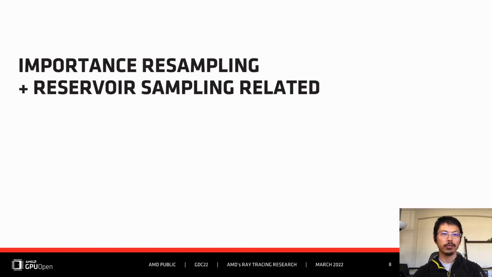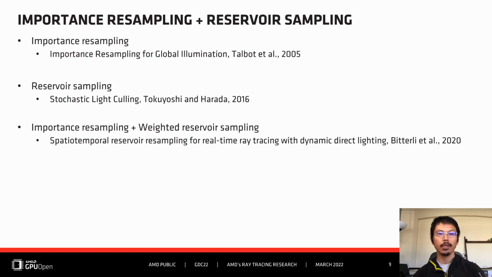Okay, I'm going to talk about importance resampling and reservoir sampling related methods next. Importance resampling was first introduced to the graphics community by Talbot et al. in 2005, and reservoir sampling was first used in the stochastic light cuts paper published in 2016.